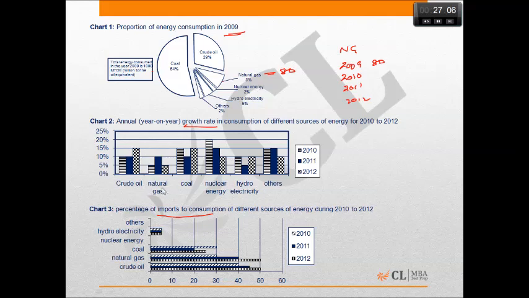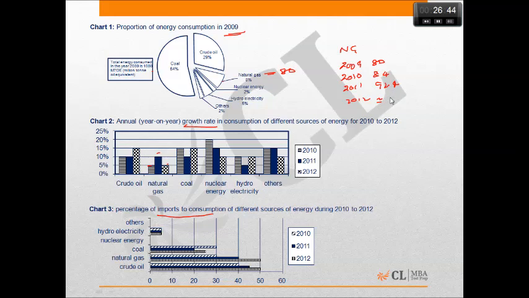Growth rate of natural gas: 5, 10 and 5. So 85% will be 84, 10% will be 8.4, 92.4, and again 4% of 92 is about 3.6.